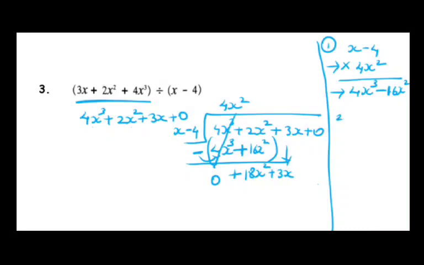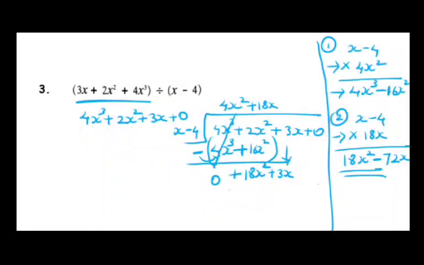Now, second part of my working, x minus 4 multiplied by 18x, only then will I get the degree of square on top. 18x square minus 18 into 4 is 72x. 18x goes as a part of my quotient.